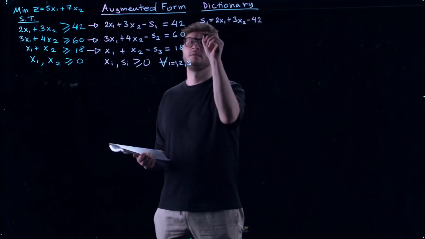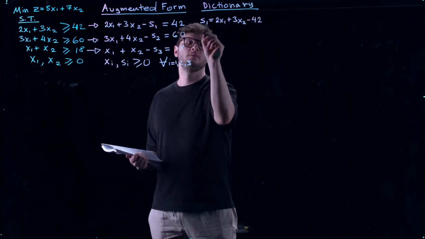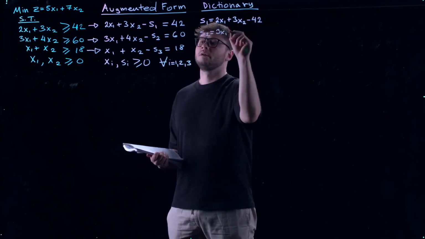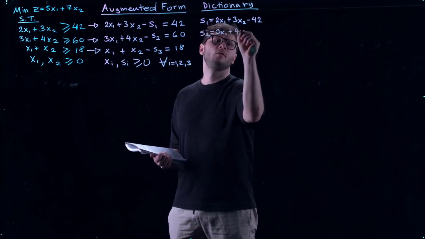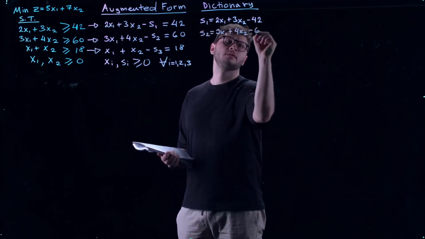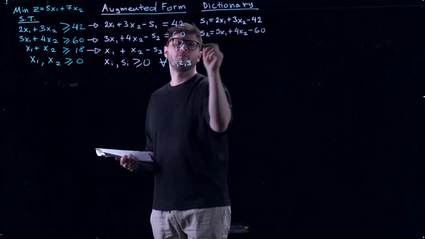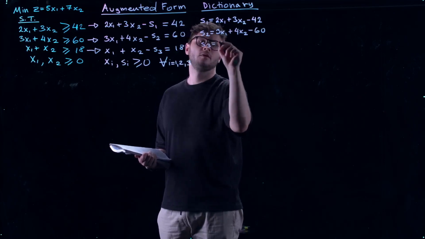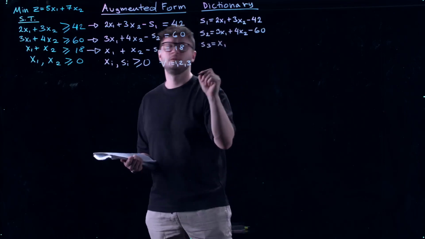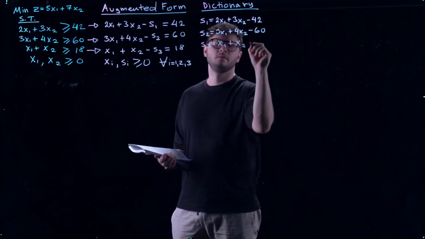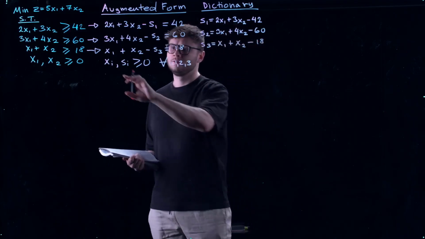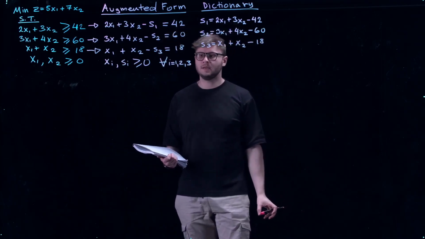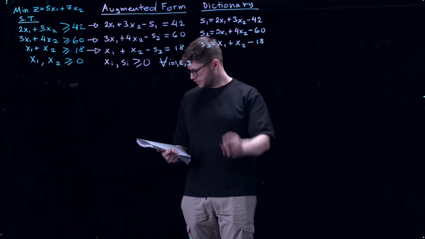S2 equals 3x1 plus 4x2 minus 60. Then S3 equals x1 plus x2 minus 18. The non-negativity constraints follow through. And that is the end of the dictionary.